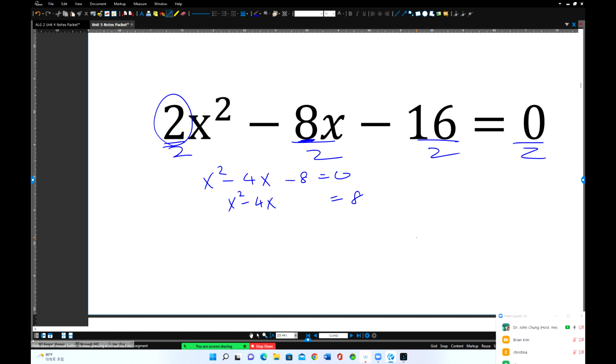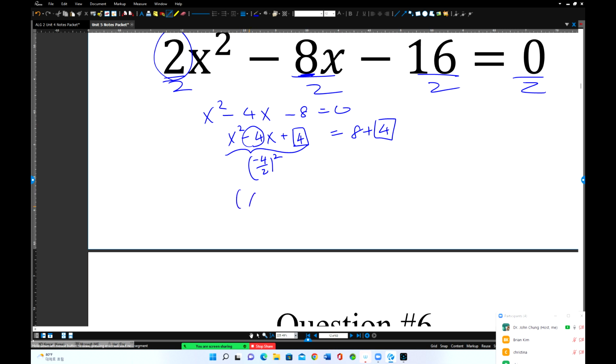The next step is what? Perfect square trinomial. We need to write a perfect square trinomial. We're going to add some number over here. What is this number? The middle number divided by 2 and squared, always, okay? That is 4. We're going to add 4 to it. This is what we call a perfect square trinomial. Replace with what? Squares, okay?